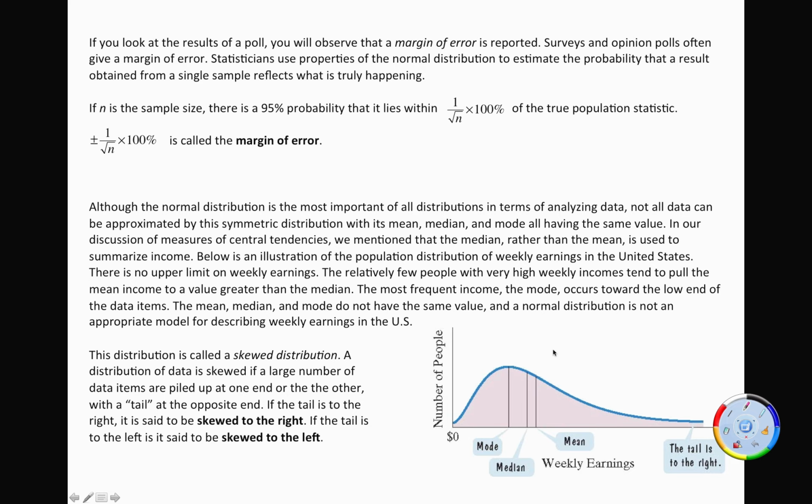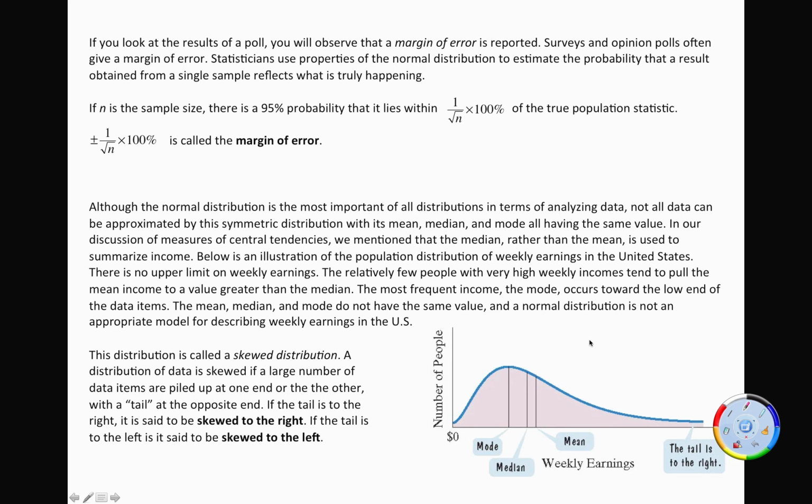Way more people are on the low end of the income scale than the very, very high multi-billionaires. So the mean, median, and mode do not have the same value, and a normal distribution is not an appropriate model for describing weekly earnings in the U.S.